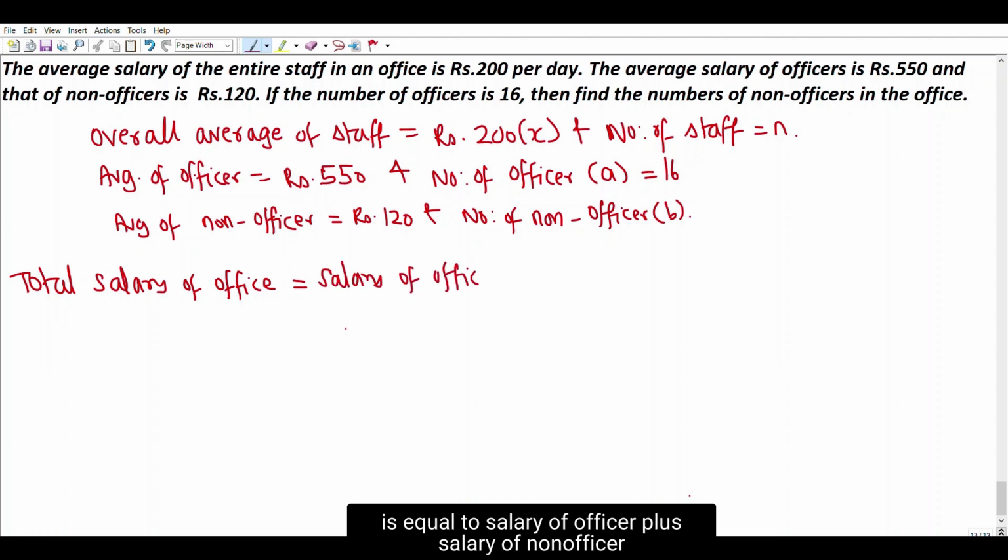is equal to salary of officer plus salary of non-officer.